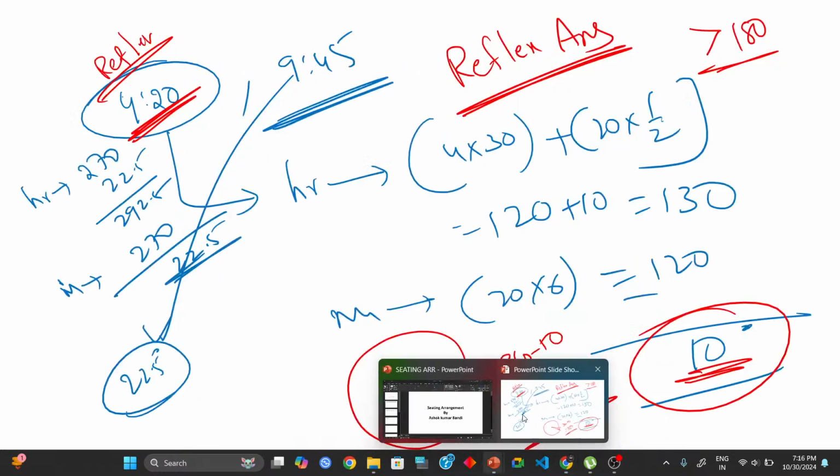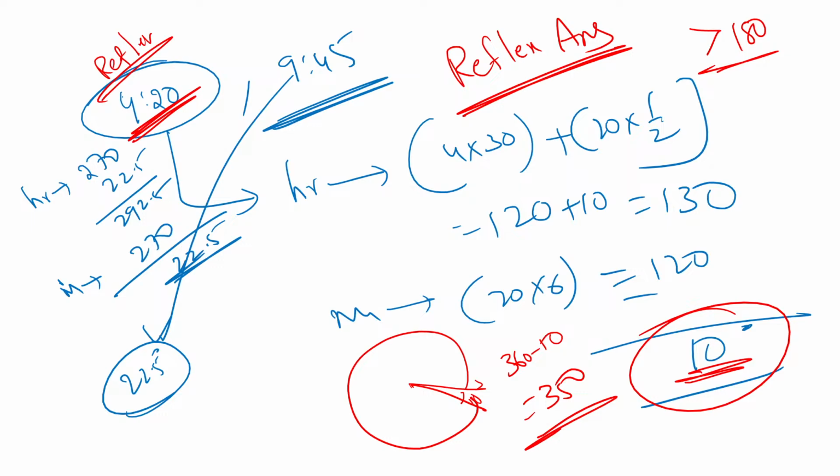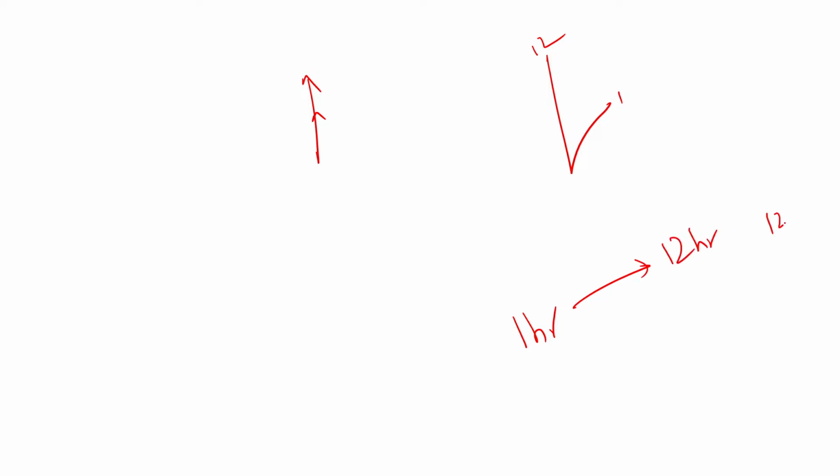See here. Let us take this is 12 o'clock and this is 1 o'clock. What most people are going to think is they are going to get overlapping after every 1 hour. That's why they will say for 12 hours they are going to get 12 times.